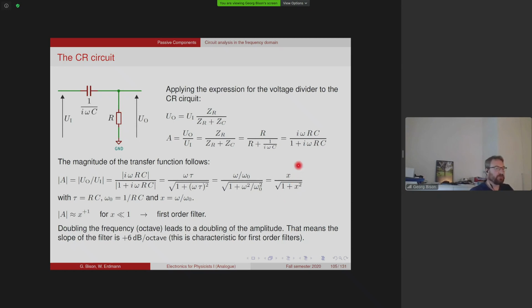If you look at small frequencies, then doubling the frequency leads to a doubling of the amplitude, and doubling of the amplitude is 6 decibels. For that reason, this is also called a +6 decibel per octave filter steepness. And 6 decibels per octave is characteristic for first order filters.